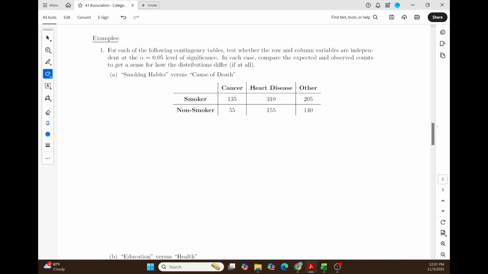Right here we have smoking habits versus cause of death, and we're supposed to see whether smoking habits and cause of death are independent. Well, the null hypothesis would be that they are.